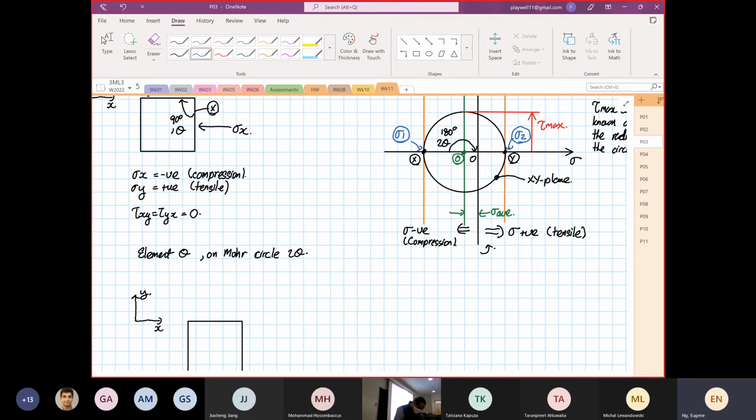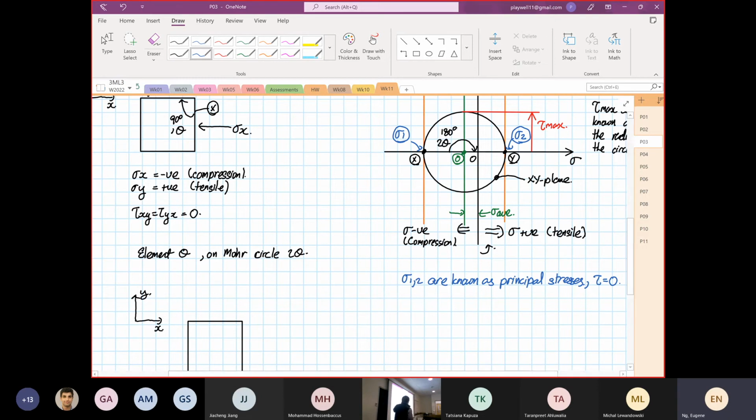So what you can see down here is stress 1 and 2 are known as principal stresses. Principal stresses means the shear stress is equal to what? 0.